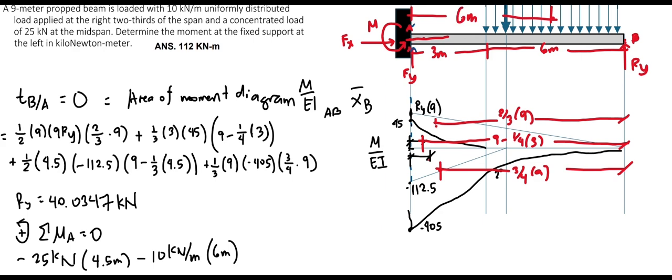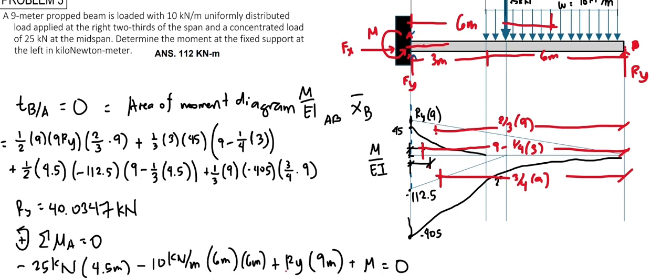That's 3 plus 3 equal to 6. Plus the moment induced by Ry times its moment arm distance of 9 meters. It's positive because it would induce a counterclockwise moment. And then we also have the moment induced by the fixed support. So we add this up by M, all equal to 0.